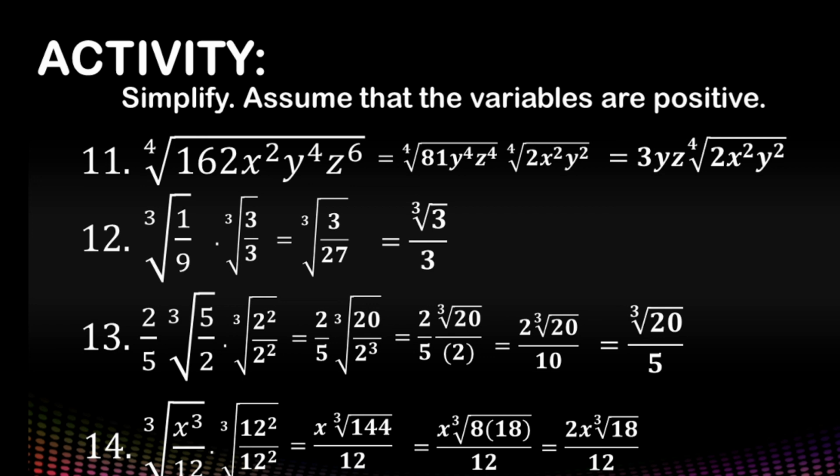Again, 2, our coefficient, and the denominator 12 can be simplified since they have a common factor, which is 2. So therefore, we have x times the cube root of 18 over 6 as our final answer.